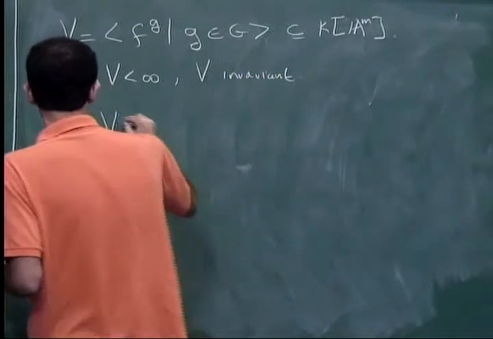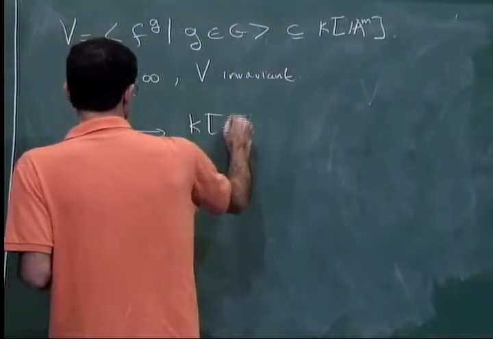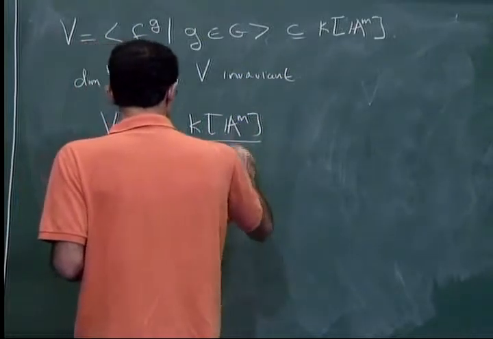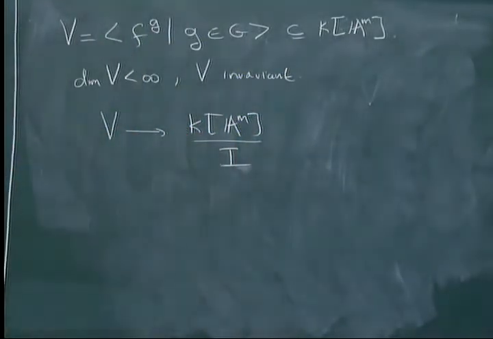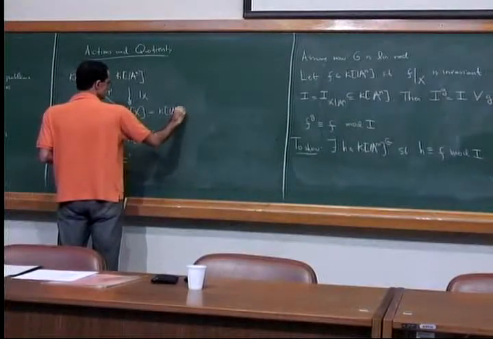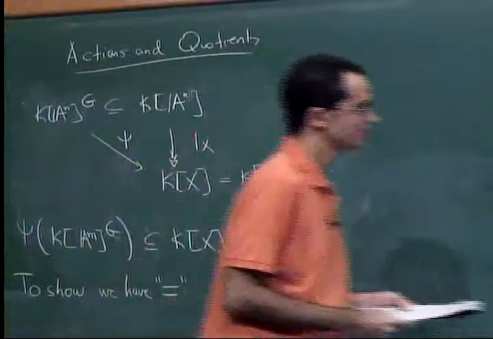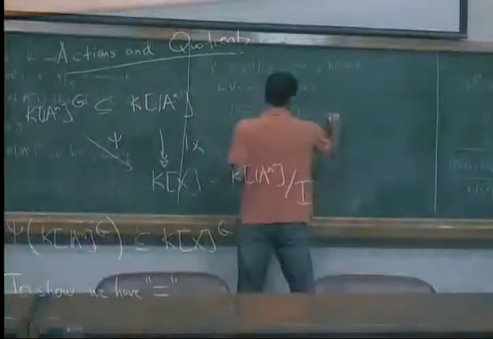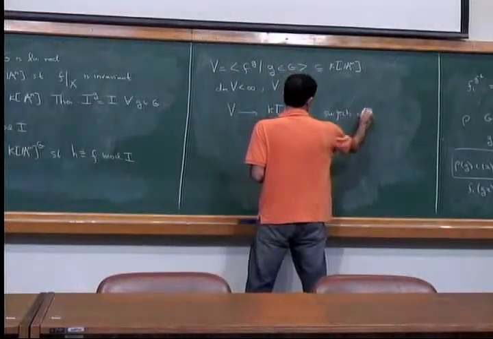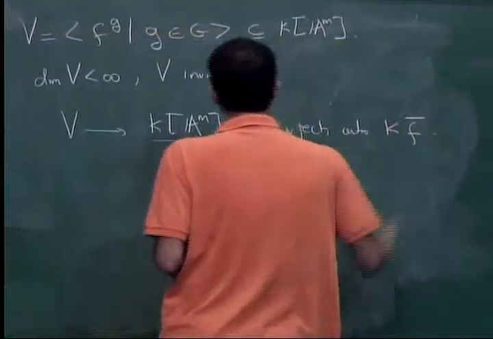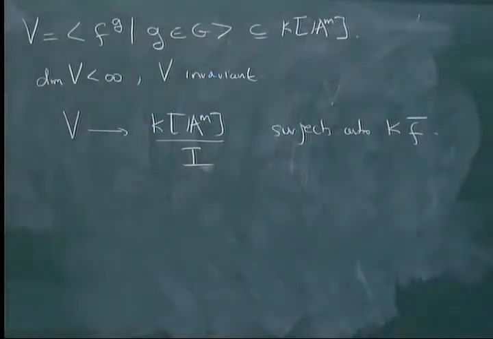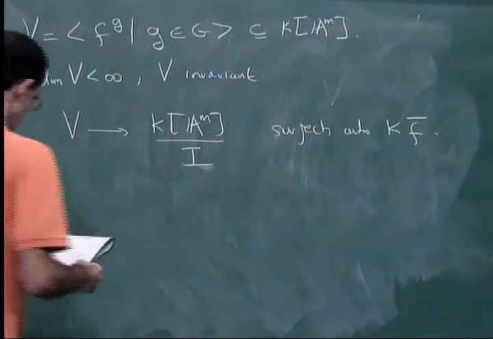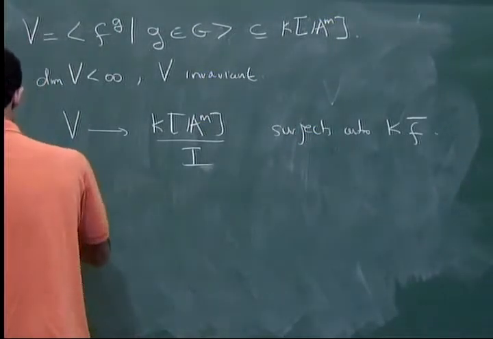And the map from V to the quotient, which is this guy here, surjects onto K F bar. Okay? Because of this, Fg is congruent to F mod I. So it's the same class. Okay? Then we do as before.